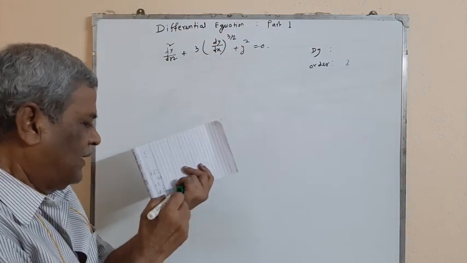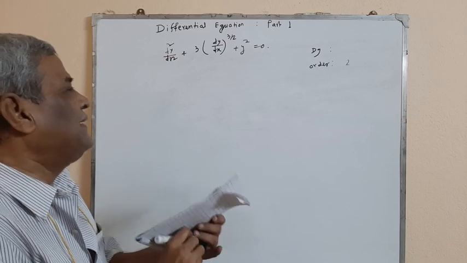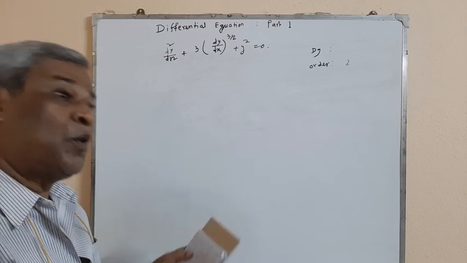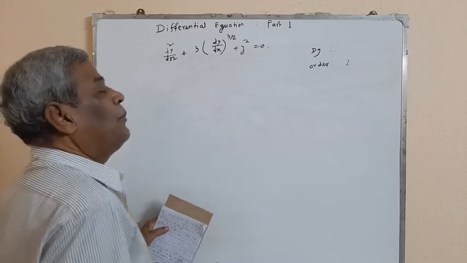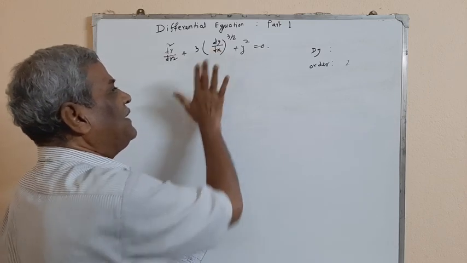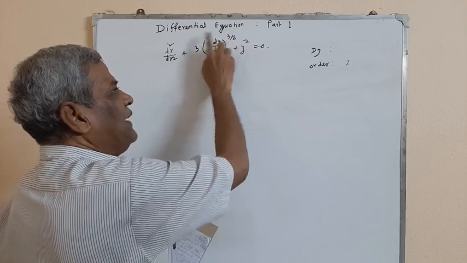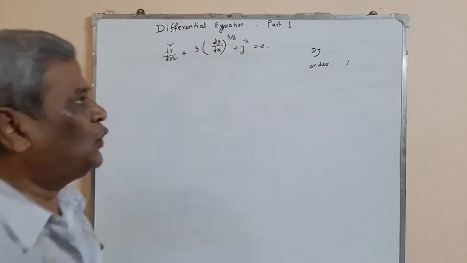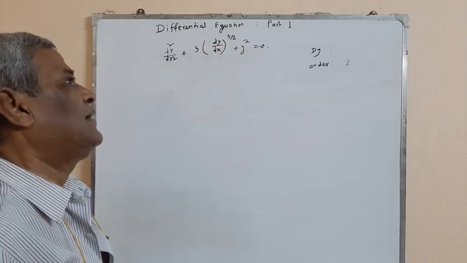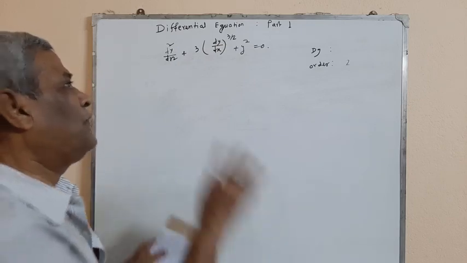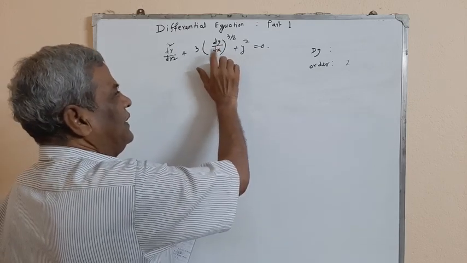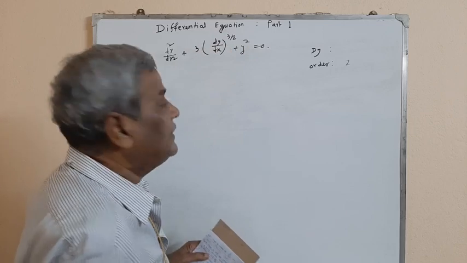Degree is the power of the highest order derivative, provided the powers of all other derivatives are integers. But for dy/dx, its power is 3/2. It is not an integer. Then we have to make its power an integer.